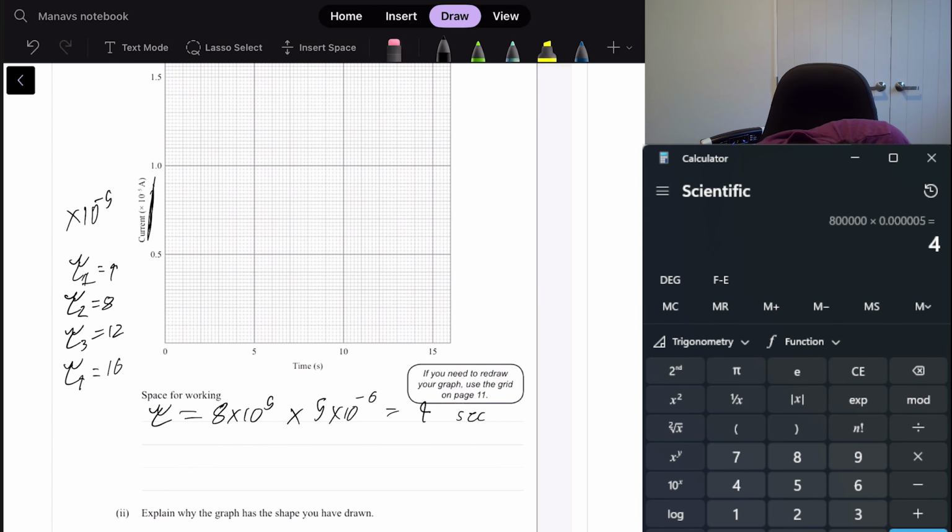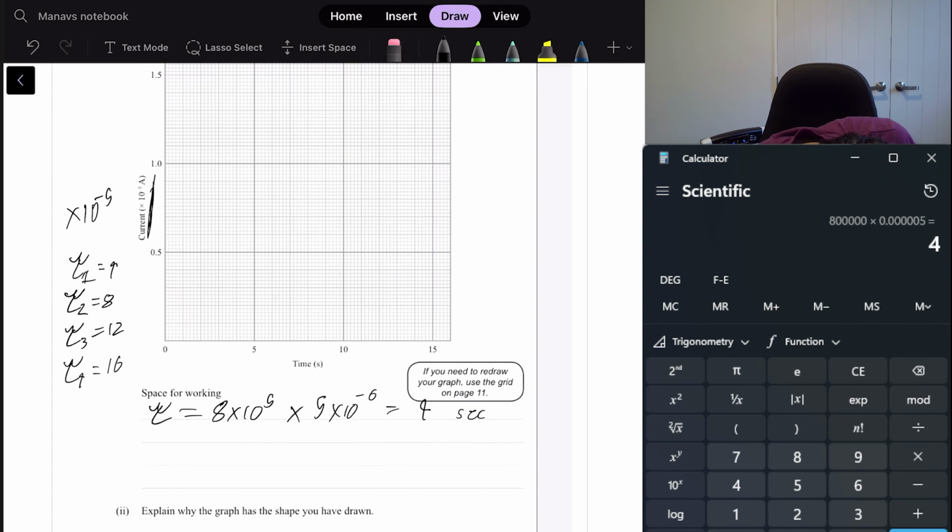You can see that that's 1 second, 2 seconds, 3 seconds, 4 seconds. They've done it so awkwardly. Cancel these out: 1, 2, 3, 4.